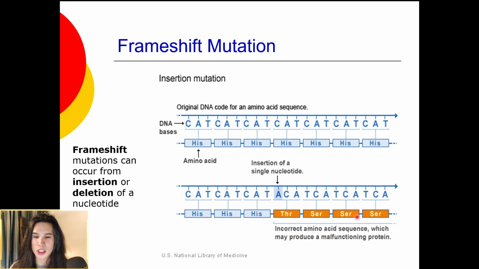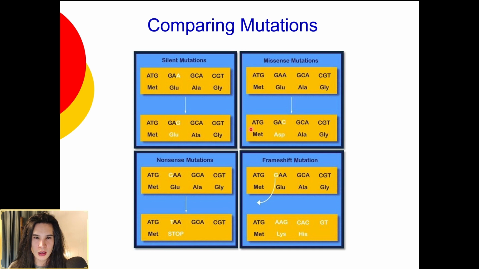But it's going to be a collection of all of them, and especially if this happens at the beginning of your gene, this is going to be a weird protein that is nothing like the original form. So frameshift mutations, detrimental. It shifts the frame. The names kind of describe what they do. Insertion inserts something, deletion deletes something. And so here is just a table showing the different mutations.